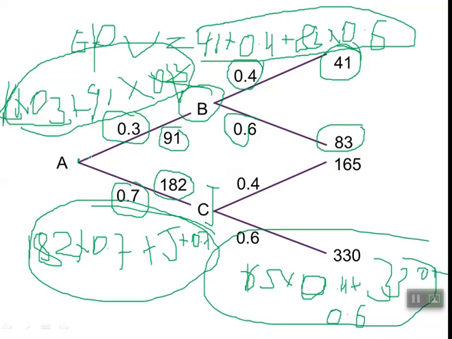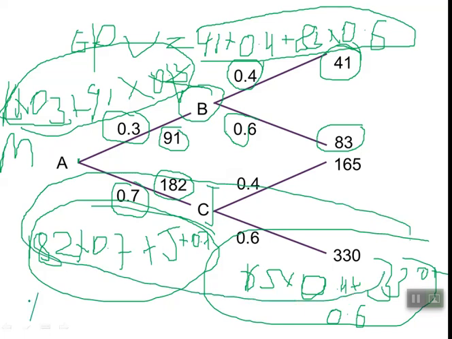Let's call the present value of year 1 M, which we got from this, and the present value of year 2, which we have got from this one, let's call it N. So our expected net present value will be equal to M plus N minus our initial investment.